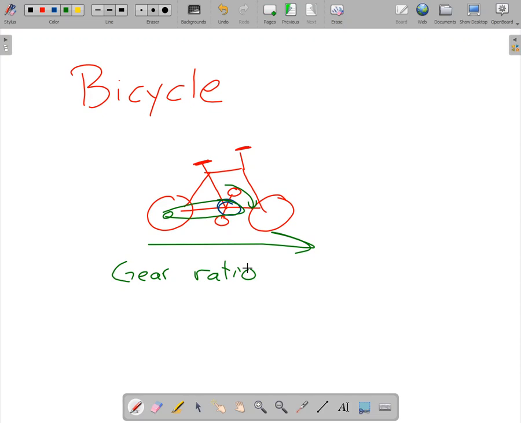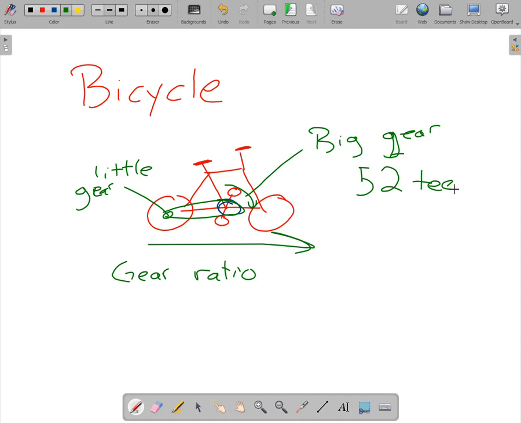So for example, in the front here, I have a big gear, and in the back here, I've got this little gear. The big gear has 52 teeth on it, and the little gear has 13 teeth on it.